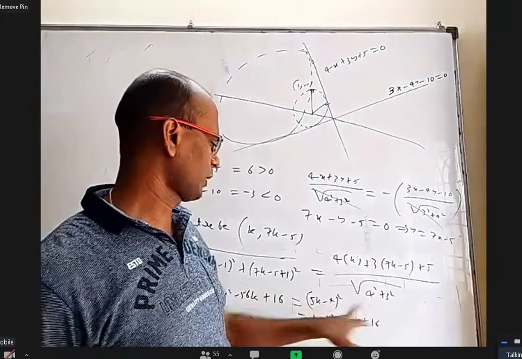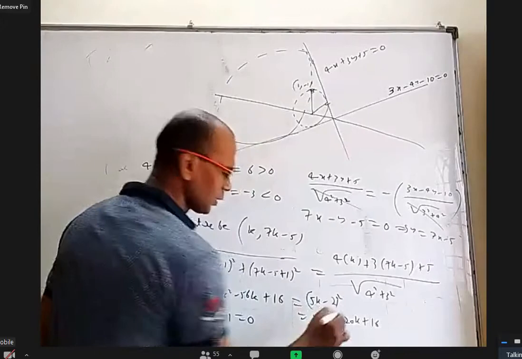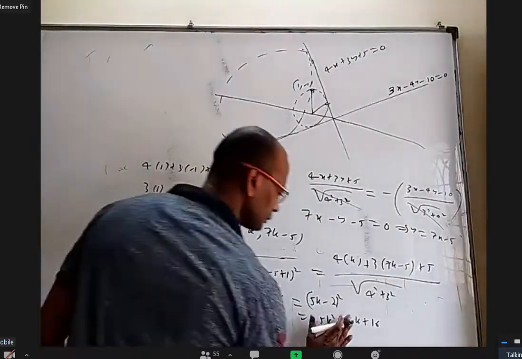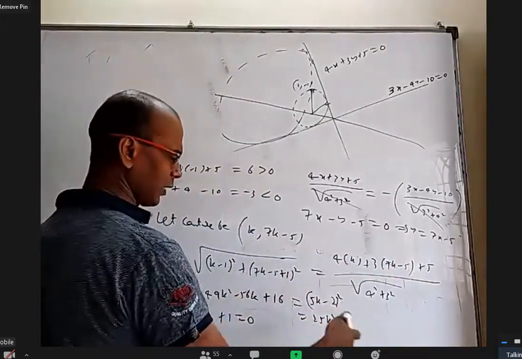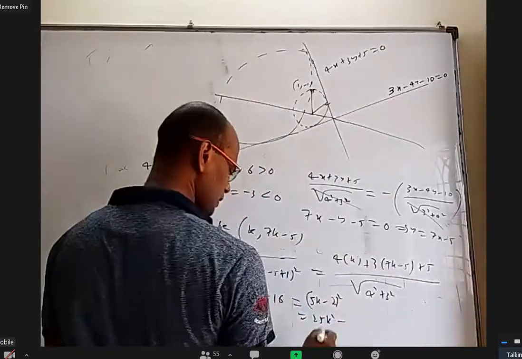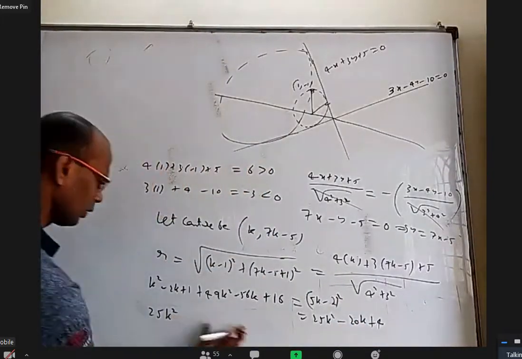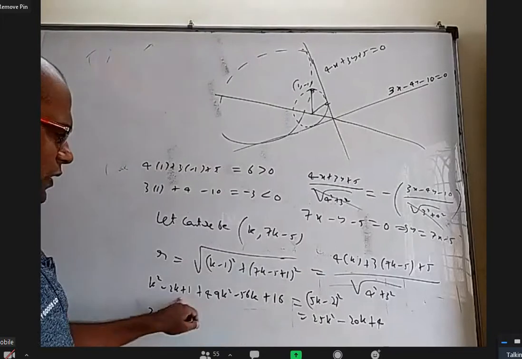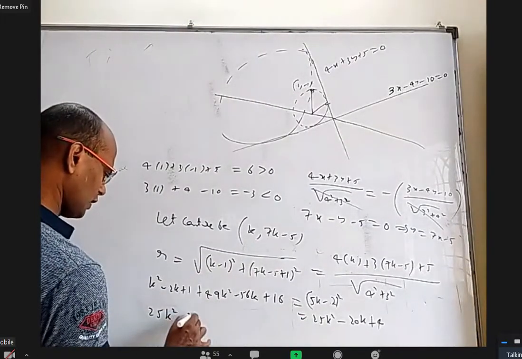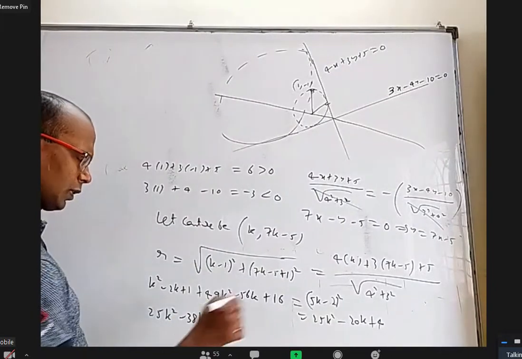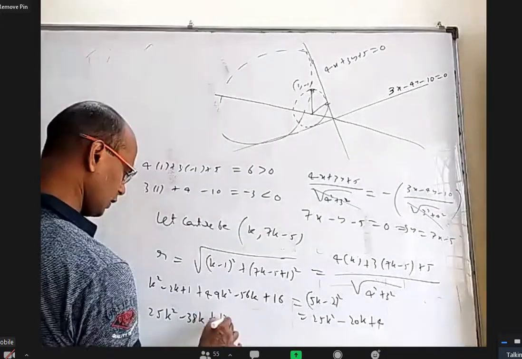Plus 4 multiplied by. Oh, this is also not minus 4. Sorry, some small mistakes I'm making there. Minus 15 plus 5 minus 10 by 5 minus 2, so it will be minus 20k plus 4. So this is 50k square minus 58 minus 38k, and 17 minus 4 is 13 equal to 0.